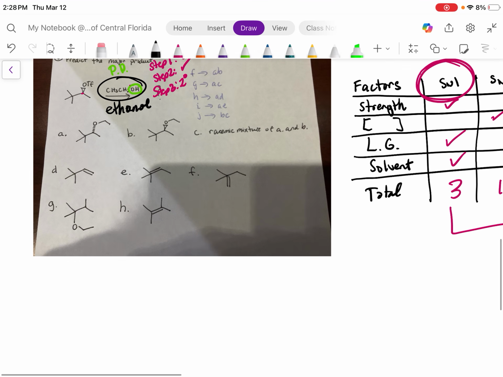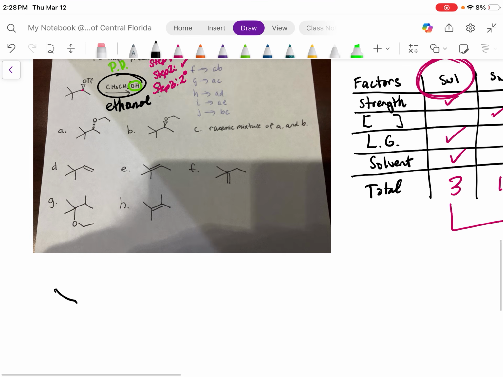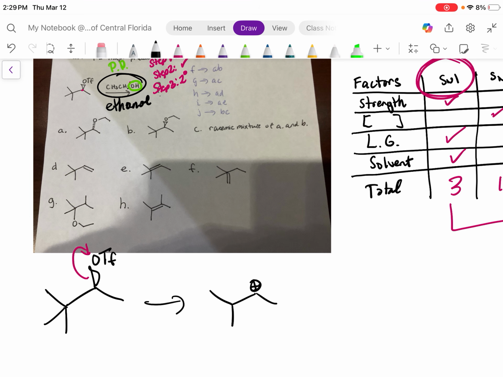So when we take a look at our species here and go through the mechanism, I hope you guys are going through the mechanism, because it's going to help you in so many ways, more so than you really realize. We predicted this to be an SN1, so that means the leaving group has to leave first. When the leaving group leaves, we generate a secondary carbocation.